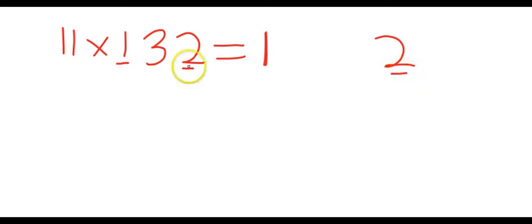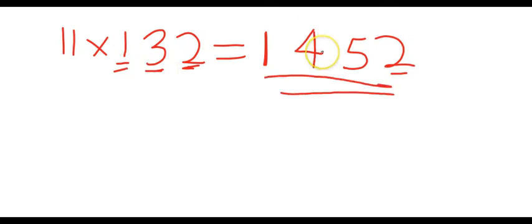Then you add from right to left. So add 2 plus 3, and that is 5. Put a 5 there. Add 3 plus 1, and that is 4. Put a 4 here, and that is your answer. So 11 times 132 will give you 1,452.